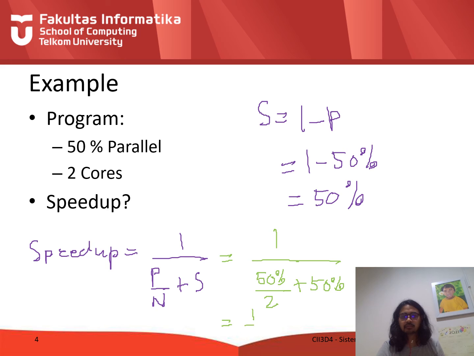So 1 over 75%, and 75% is 3 over 4. This equals 4 over 3, which is 1.333. So the speed up is 1.333. Before, we calculated that the speed up is 2, but it is actually 1.333 in the second equation. That's the reality brought to you by the second equation.